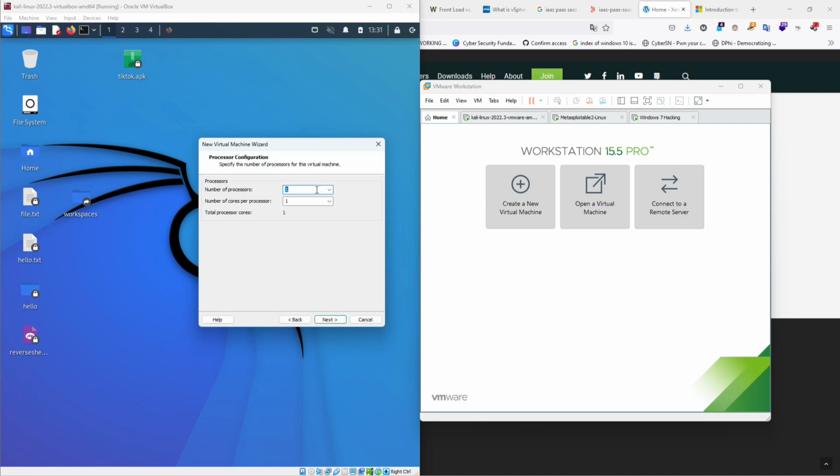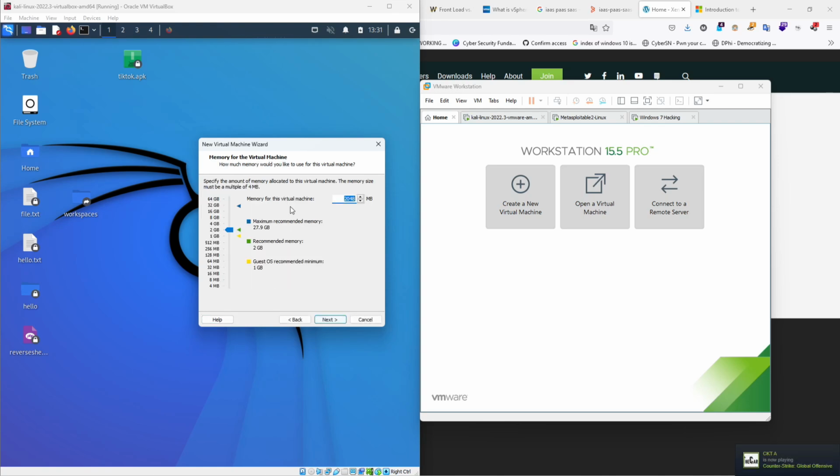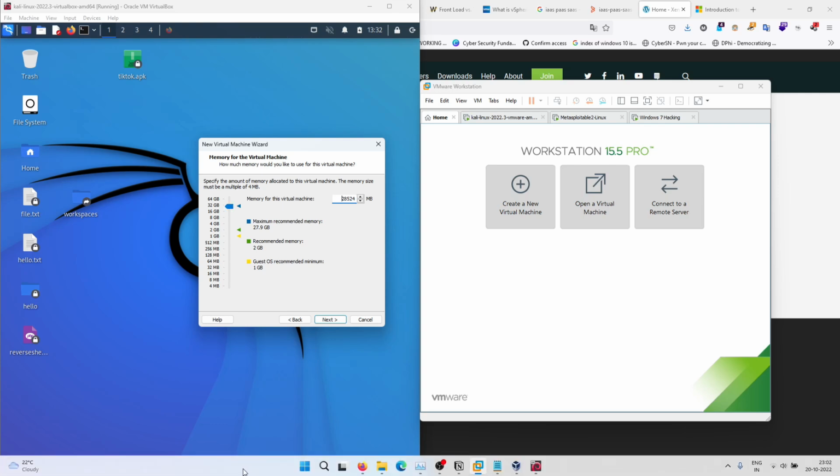Then it asks for the CPU option, the number of processors you want to give. After CPU, it will ask for RAM, that is the memory, 2 GB RAM, 4 GB RAM. You can see the maximum I can go is 32, but it is reduced to 28 only because 4 GB is required for my main operating system. I cannot go beyond that. There is a hardware limit.